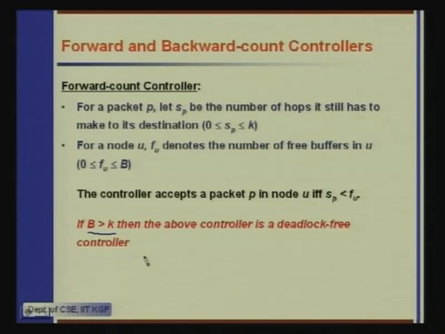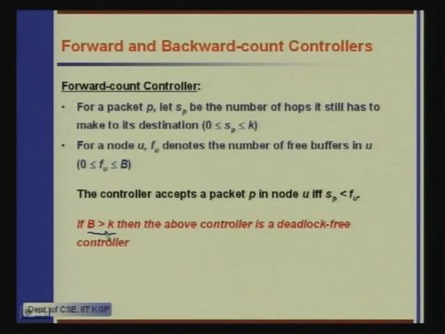So, let us first see that if a node has all its B buffers free, then it will accept all packets. Why? Because SP is less than K and K is less than B as given here, right.